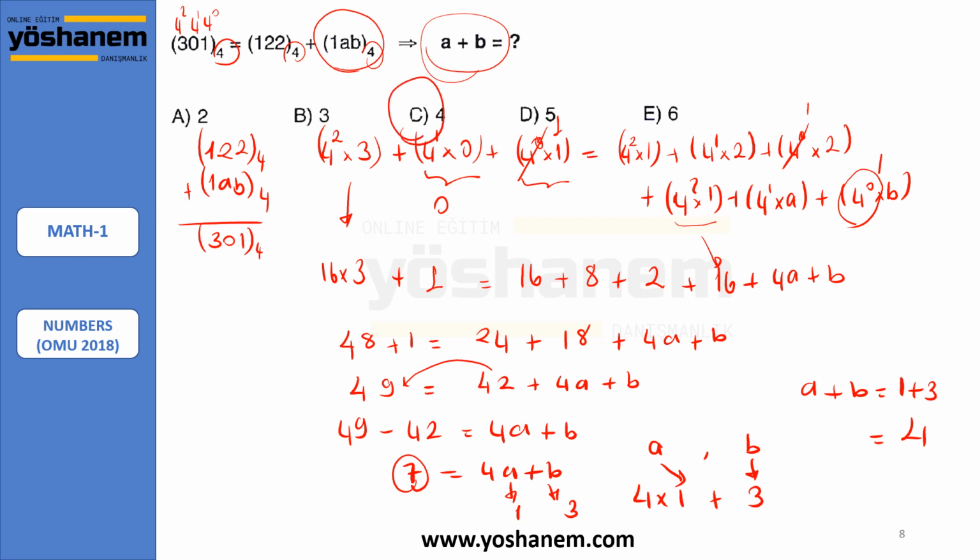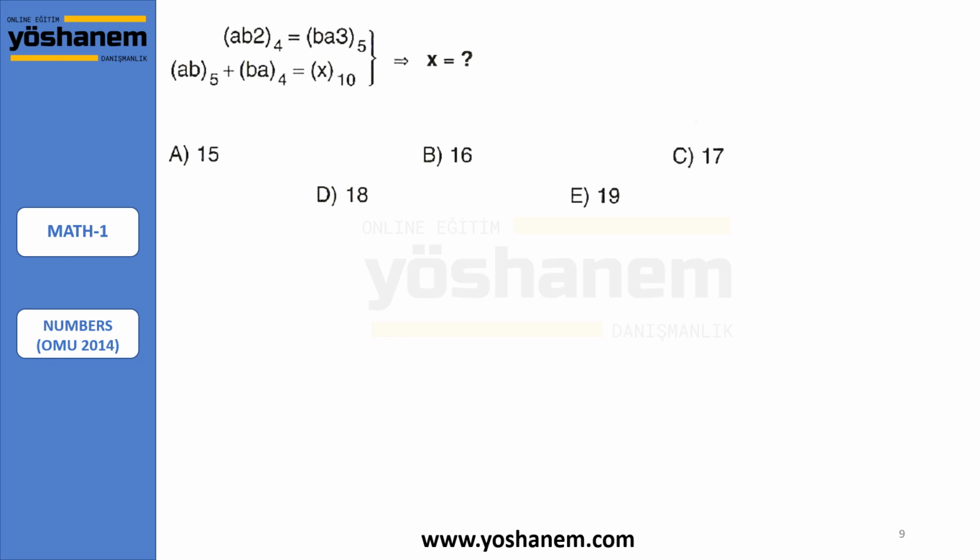Okay, this is our last question, and it looks more complicated, but don't worry, it's easy to solve. So it says ab2 in base 4 equals ba3 in base 5. So this is 4 to the 0 power, 4 to the first power, and 4 squared. 5 to the 0 power, 5 to the first power, and 5 squared.